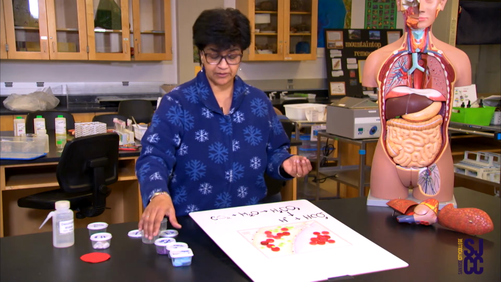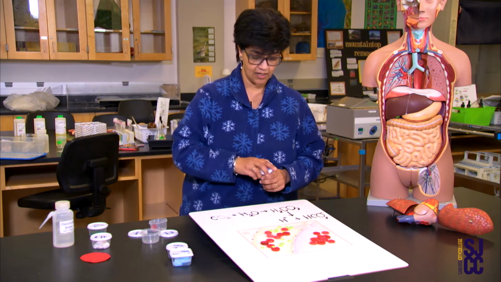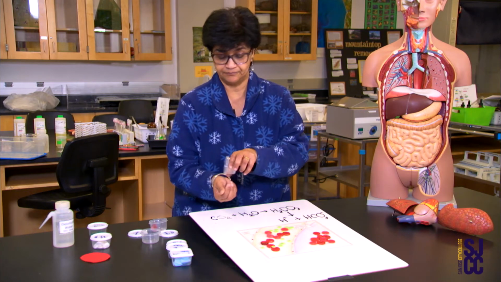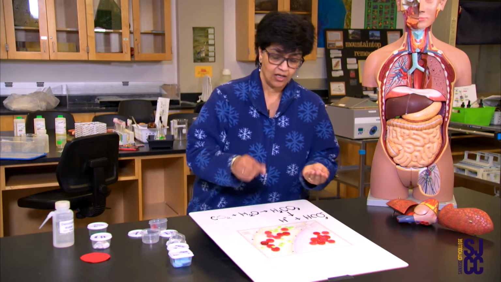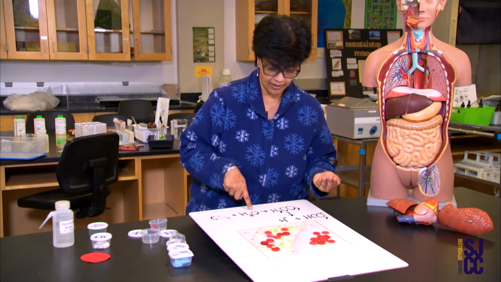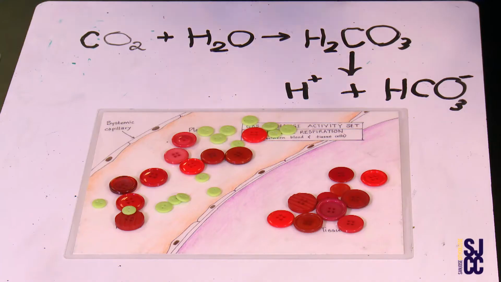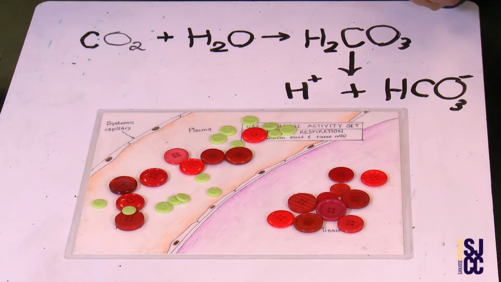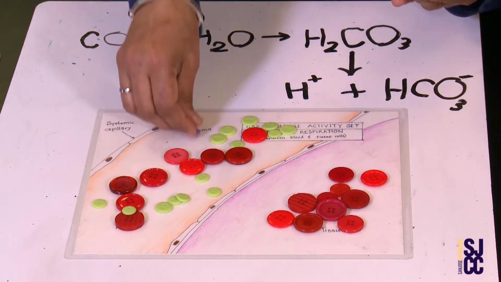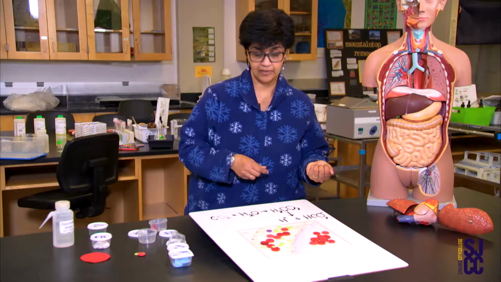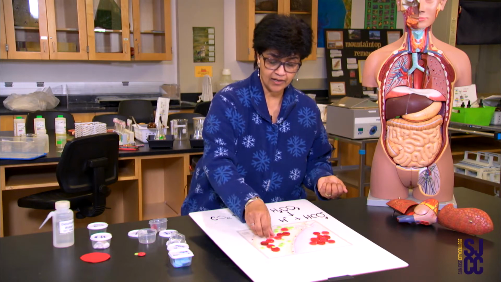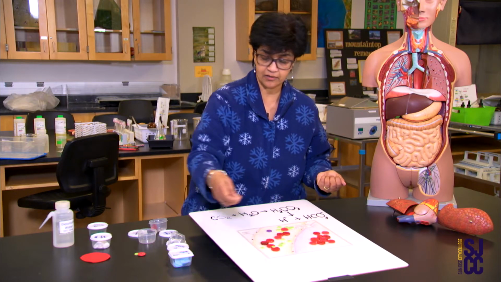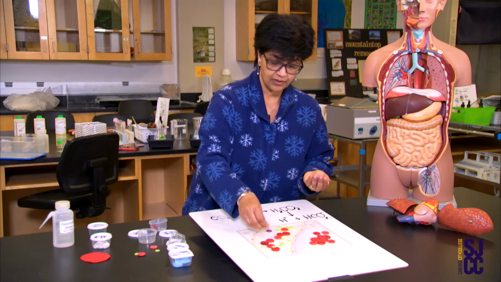Now I'm going to represent carbonic acid with purple buttons. So 1 carbon dioxide and 1 H2O will make H2CO3. So 1 carbon dioxide, 1 water will be replaced by 1 H2CO3. Okay, another carbon dioxide, another water, H2CO3.